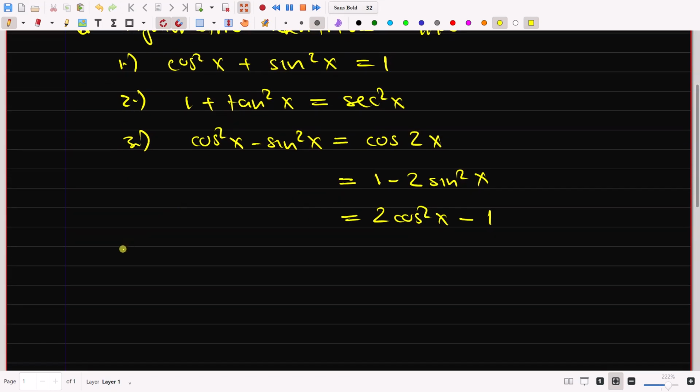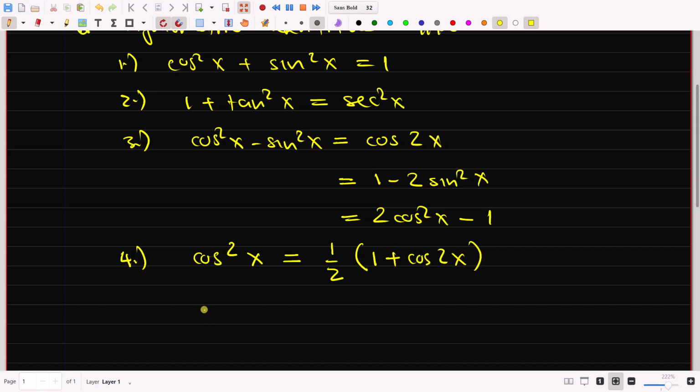Then the fourth identity that you should know is the one that goes as follows. Cos squared x is actually equal to half of bracket 1 plus cos 2x.